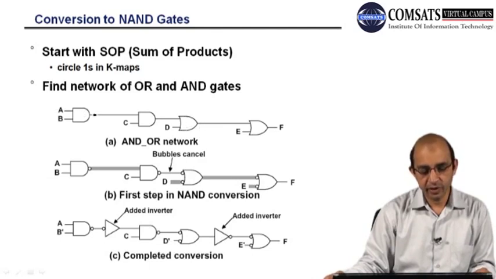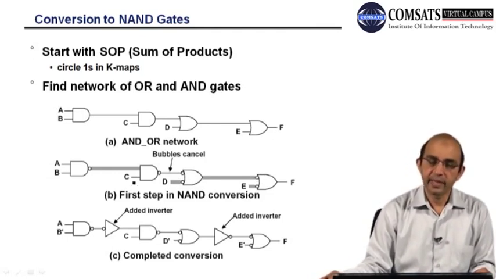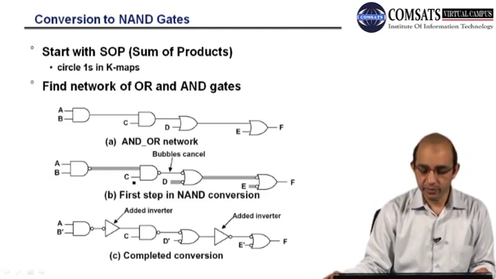Here we have only AND, so we only have pushed one bubble, and you can see that the line is more thick. Here we have placed two bubbles, and here also we have a thick line because we have OR, so we have placed only one bubble. So this is the second step where we will be pushing the bubbles.